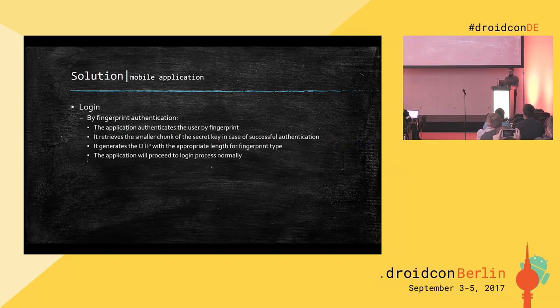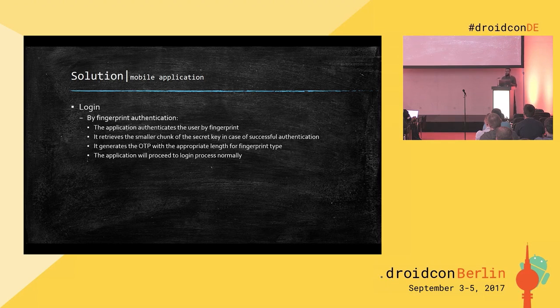When the user wants to log into the system, if he decides to use fingerprint authentication, which allows him to just check the bank account, and he cannot, for example, make a transaction, the application tries to authenticate the user by his fingerprint. In case of successful authentication, the operating system allows the application to access the key store.